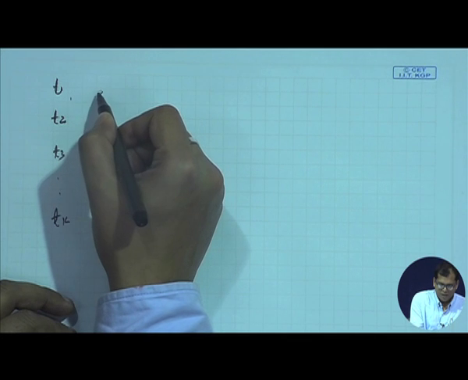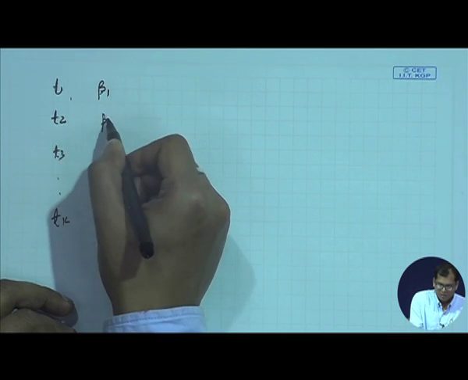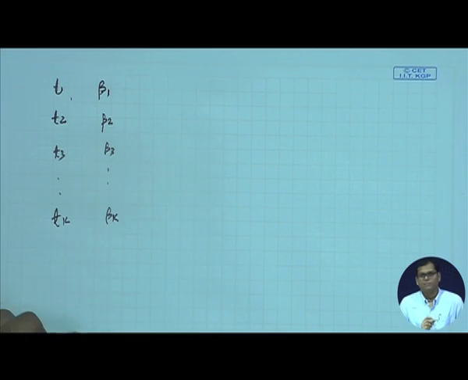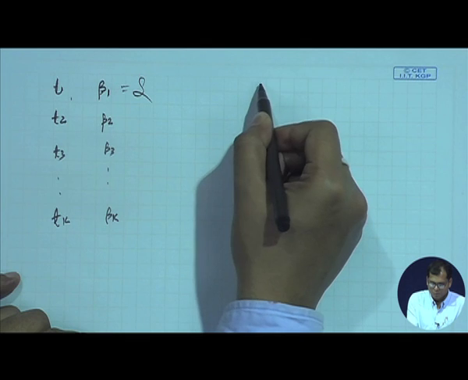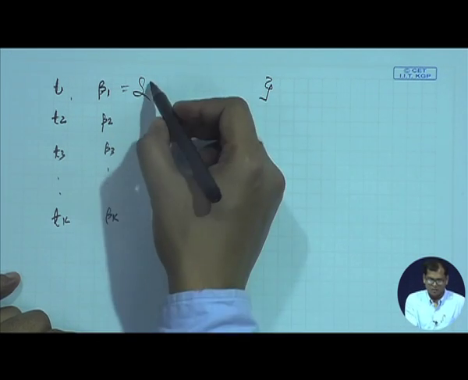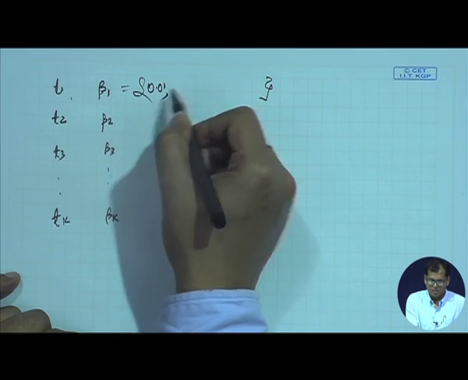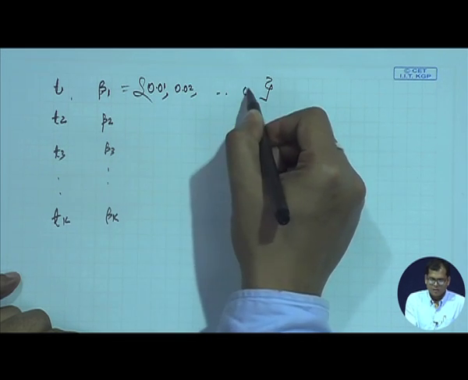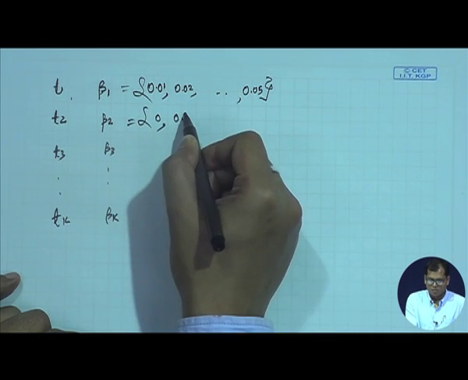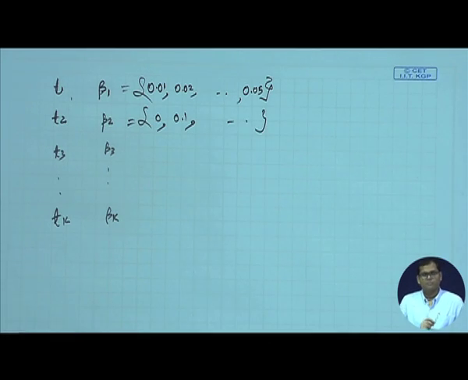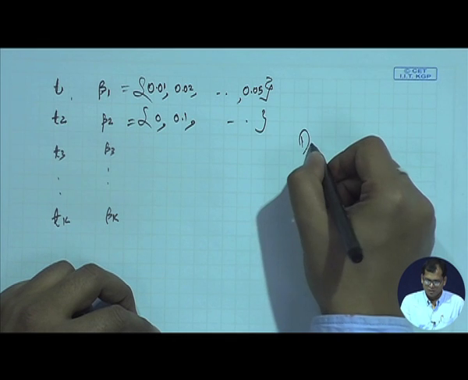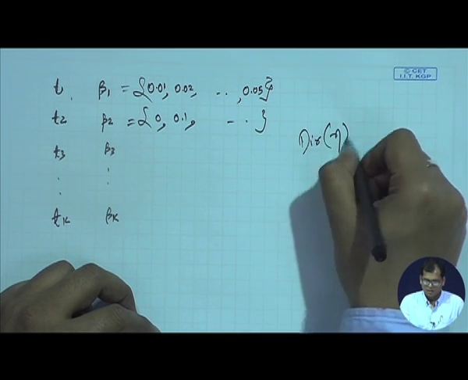For each topic I am drawing beta 1, beta 2, beta 3 up to beta K. And these are nothing but probability distributions over the words in my vocabulary. It can be something like 0.01, 0.02, 0.05, and so on. This can be 0, 0.1. So these distributions are drawn by using a Dirichlet over eta.